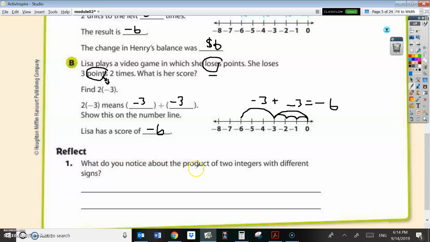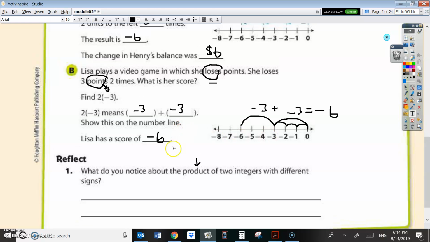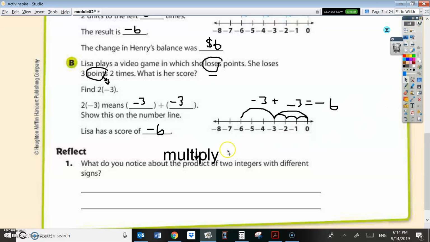What do you notice about the product of 2 integers with different signs? Alright. Product means multiply. Multiply for product. 2 integers with different signs.